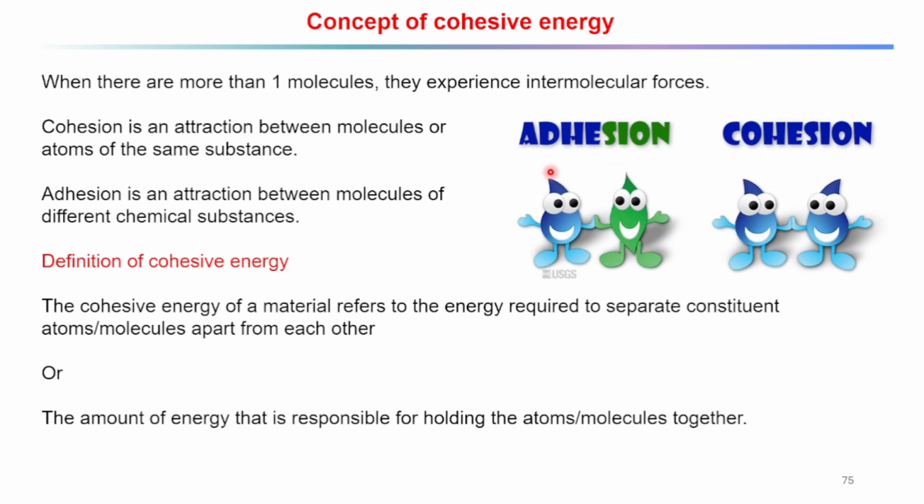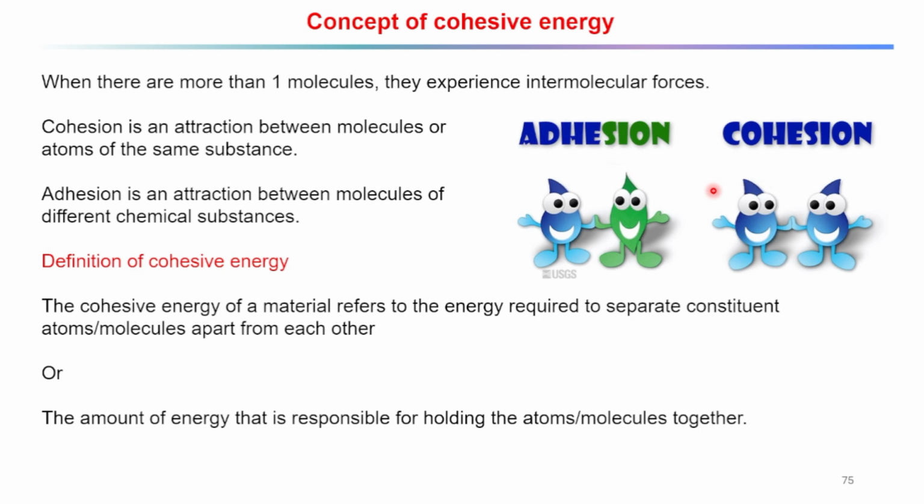You can see there are two different molecules. The interaction between two different molecules, here the blue one and the green one, is known as adhesion, or adhesive energy or adhesive force. Whereas the interaction between two similar types of molecules or atoms is known as cohesion.